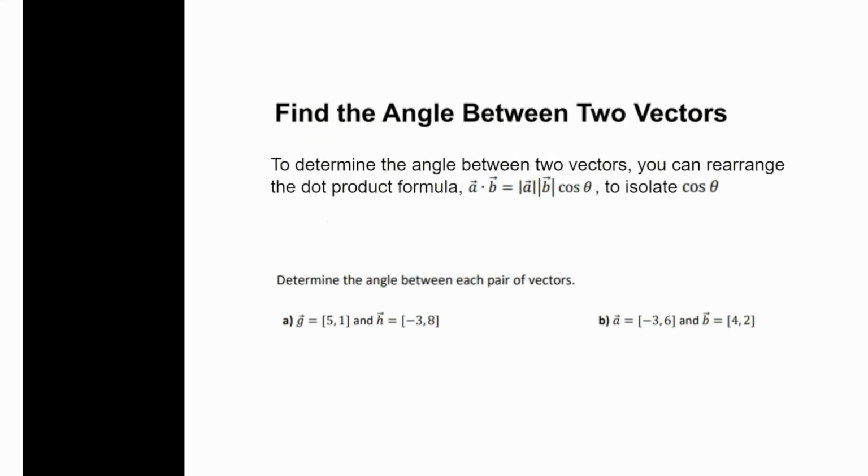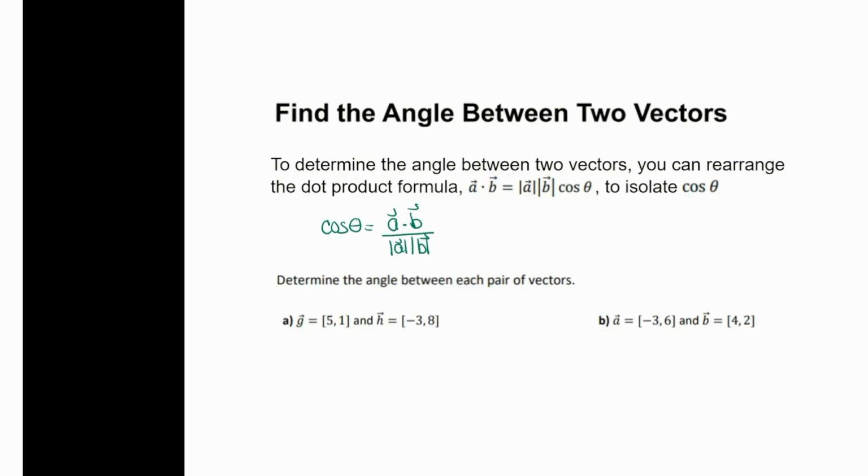When we rearrange, we get cos theta is equal to the dot product a dot b all over the magnitude of vector a times the magnitude of vector b. When can we use this formula to solve for the angle between vectors? This can only be used when we can determine the magnitude of each vector, and we can only do that if we have algebraic vectors.